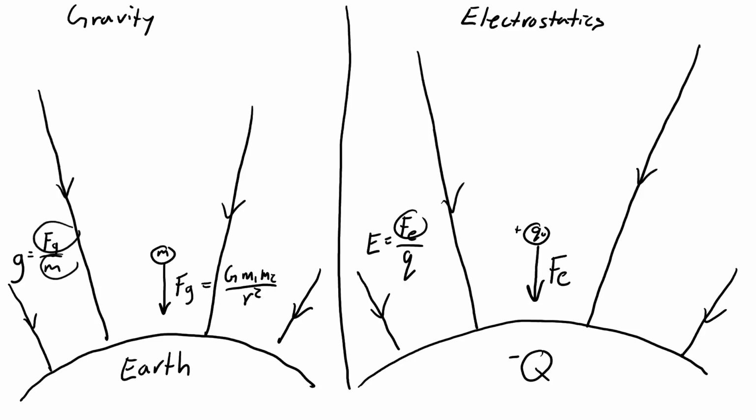Mass is an intrinsic property of matter, just like charge, so you could think of them as similar ideas. Coulomb's law tells us that the electrostatic force is equal to K. Instead of the gravitational constant, we have the electrostatic constant K. And instead of the two masses, we have the two charges.